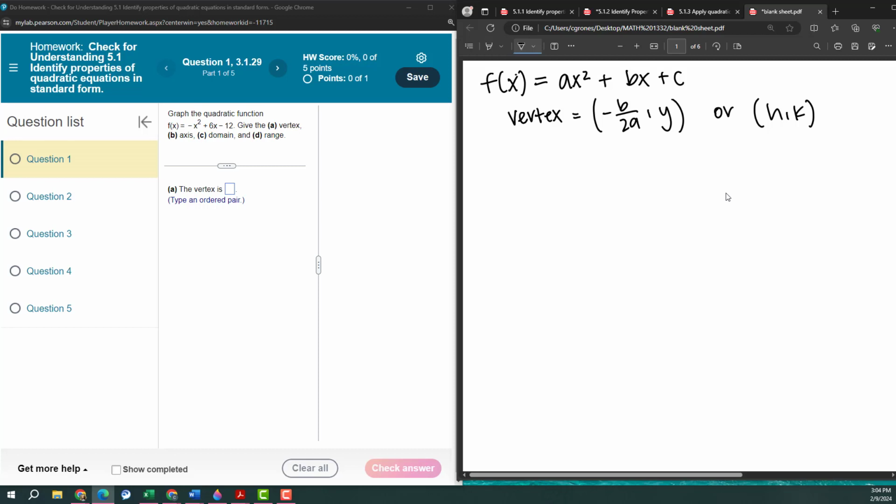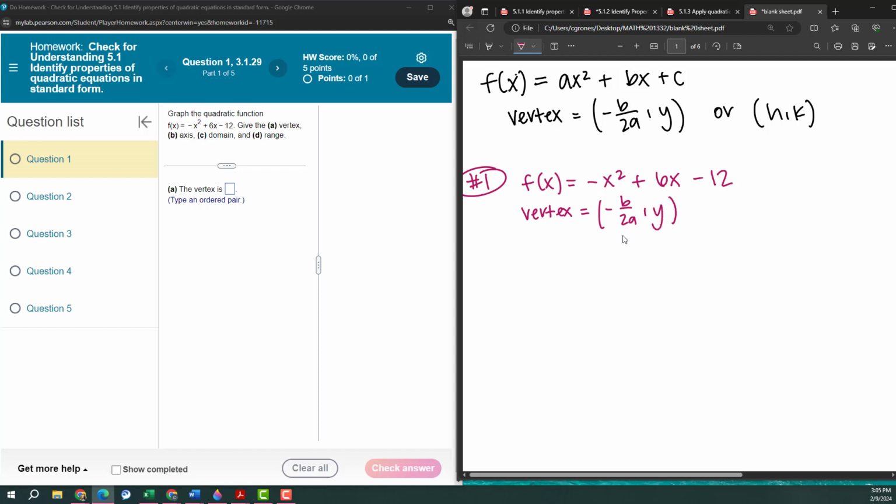Number 1 says to graph the quadratic function f of x equals negative x squared plus 6x minus 12. And then we're going to find the vertex, axis, domain, and the range. So our vertex equals, we're going to use this negative b over 2a comma y.